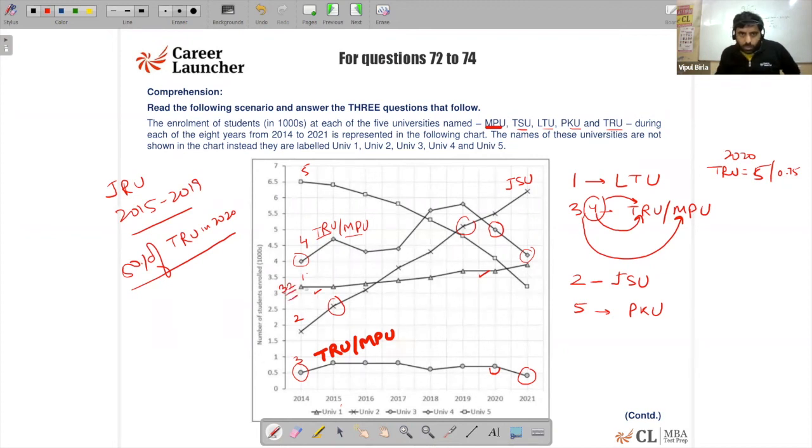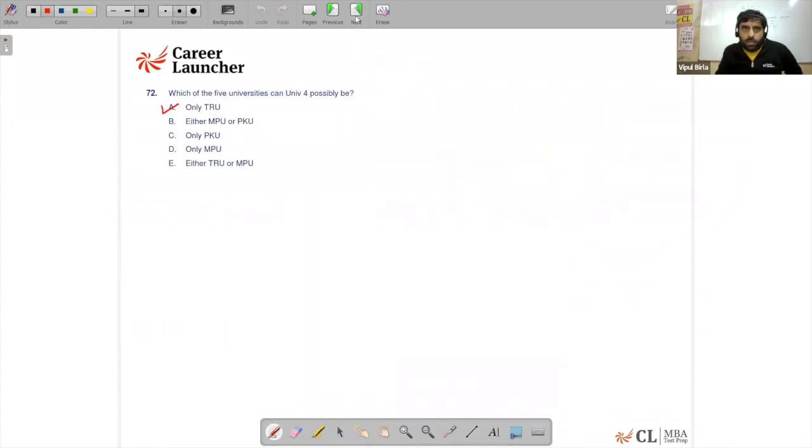LTU is 1, and looking at double of that, 6 point something, which is University 5, which is PKU. Okay, so University 5. So twice that of LTU is only PKU, that is the answer.